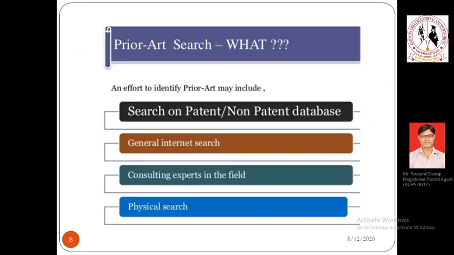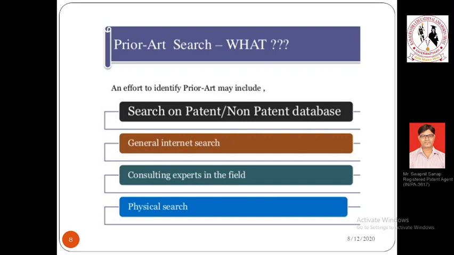Moving on, what is a prior art search basically? That is a very basic question that would come to your mind. You may have noted that I am using the terms prior art search and patentability search interchangeably, because patentability search and all other types of search are examples of prior art search.